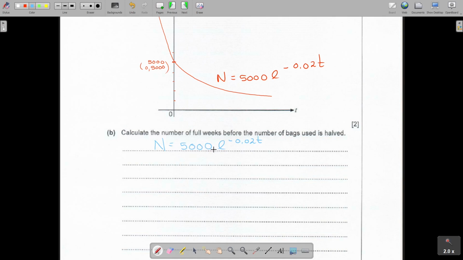So if it's 5,000, then half will be 2,500. So let's put in, I'm going to say when the value of n is 2,500. I'm looking for that. So calculate the number of full weeks before the number is halved. So there I put, that is my normal formula.